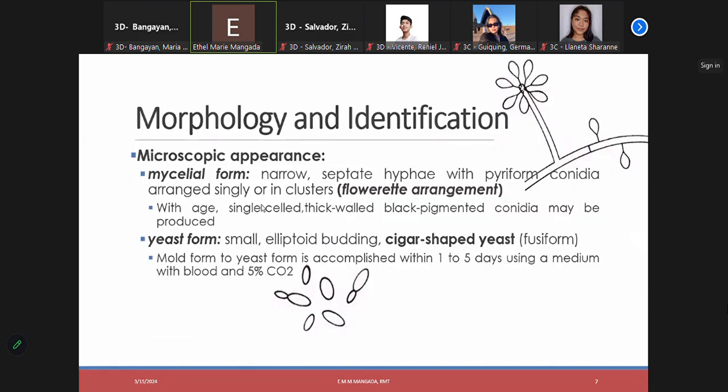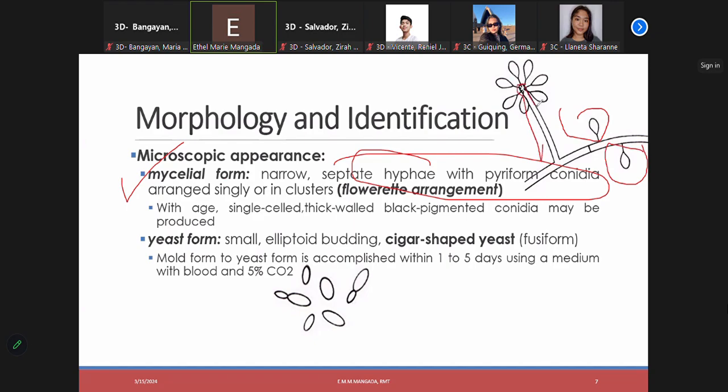For the microscopic morphology, when we look at the mycelial or mold form, it shows hyphae with pyriform conidia. Similar to earlier, tear-like. So this one is also pyriform. They are usually found in clusters at the tip of the conidiophore.